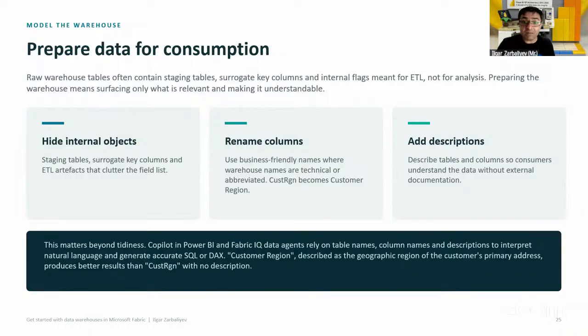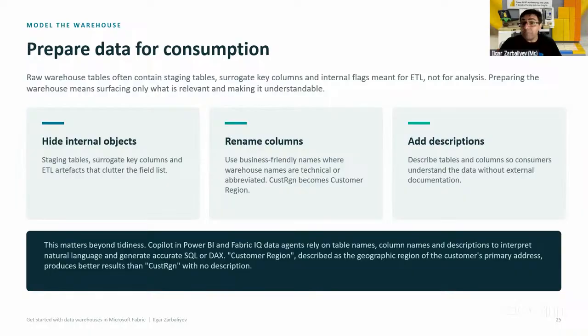And read the dark box at the bottom, this one. Because this is the part that has changed recently. Three steps matter beyond tidiness. Copilot in Power BI and Fabric IQ data agents rely on table names, column names, and descriptions to interpret natural language questions and generate accurate SQL or DAX.